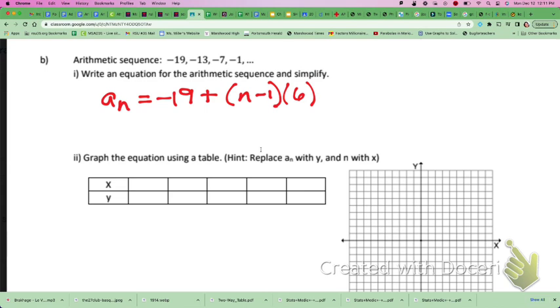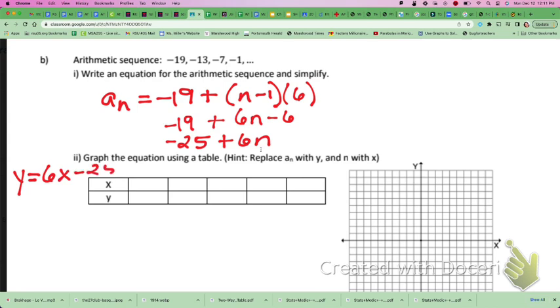Okay, get rid of parentheses by distributing. So 6n minus 6. Bring down your negative 19. Negative 19 and a negative 6 is negative 25 plus 6n. So my equation is y equals, I'm going to put my 6x first, 6x minus 25.